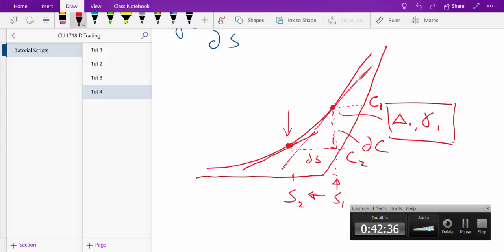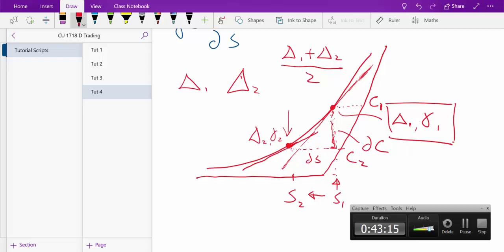So I can call that delta 2, and you have a new gamma as well, although we don't need that for now. Now the way you can calculate this price change is not to use the old delta, is not to use the new delta, but to use the average of the two. So the old delta where you started from and the new delta where you ended up, in other words.